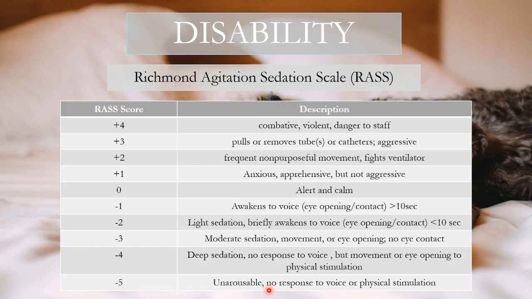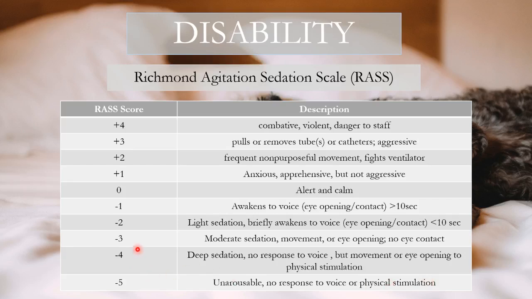But if there's some movement or eye opening, even the slightest movement or eye opening to your physical stimuli, the patient's RAS is -4. Next, if the patient has eye opening but no eye contact, the patient opens his eyes but doesn't look at you or anyone else in the room.